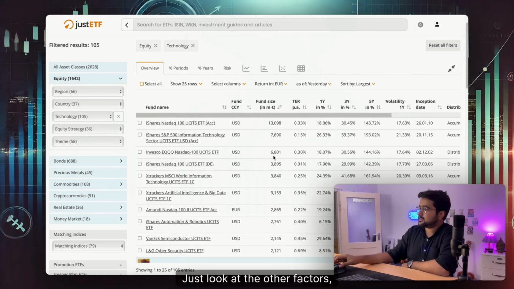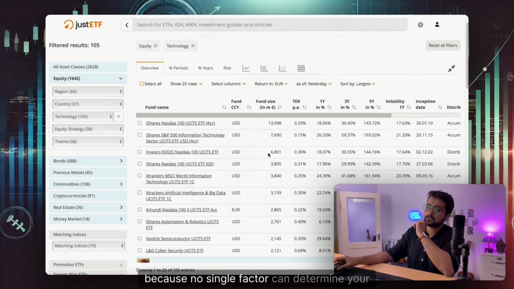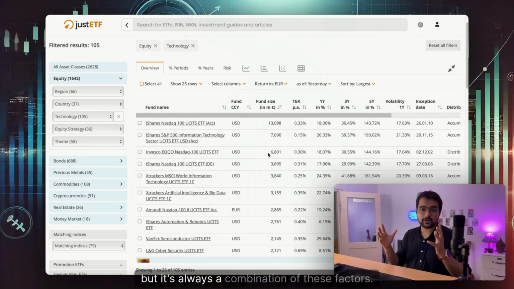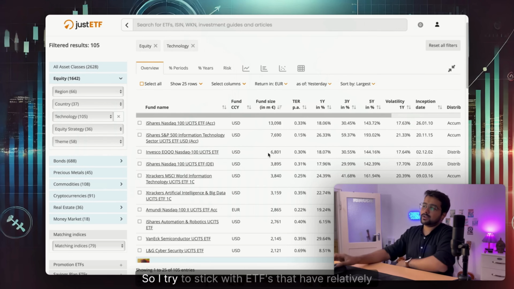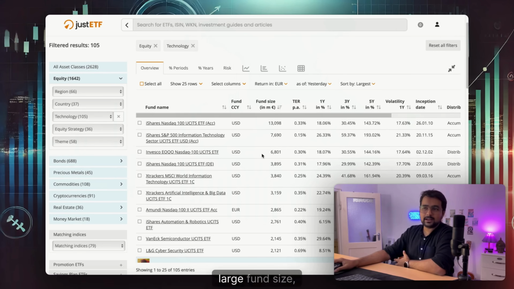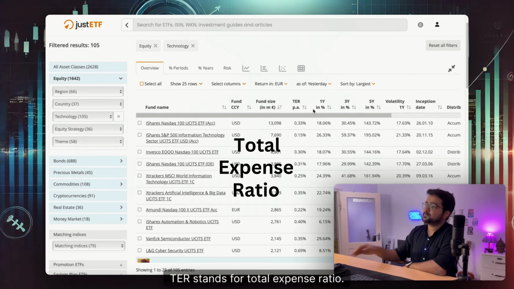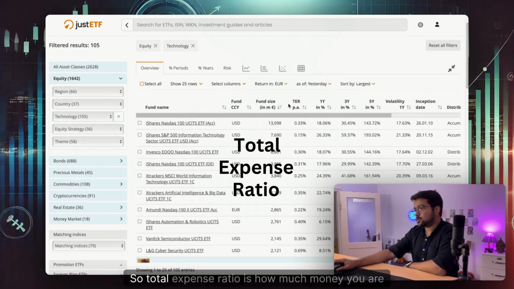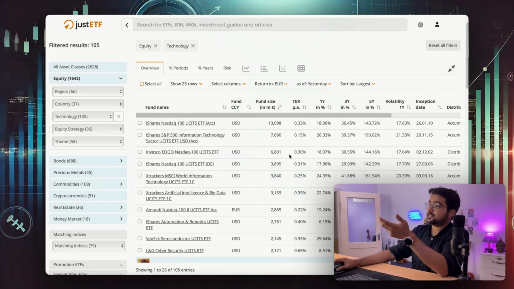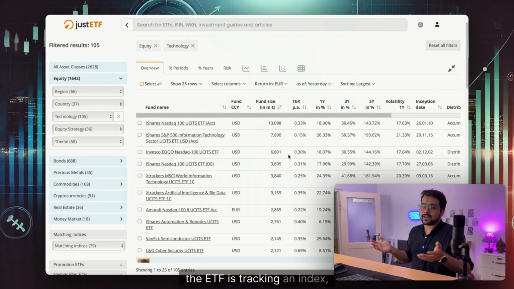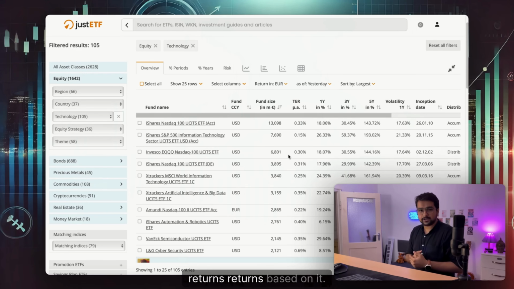Just look at the other factors, because no single factor can determine your decision, but it's always a combination of these factors. So I try to stick with ETFs that have relatively large fund size, like more than 50 million euros. Next one, this is, I think, extremely important. This is called TER p.a. TER stands for total expense ratio, p.a. is per annum. So total expense ratio is how much money you are paying to the ETF for their service, basically. I mean, the ETF is tracking an index, right, and giving you returns based on it.